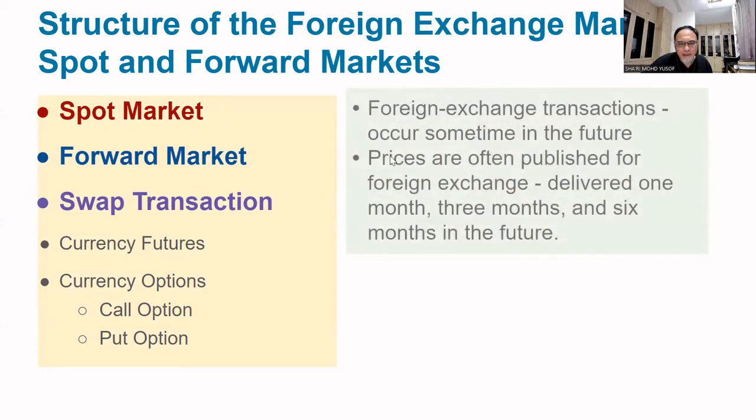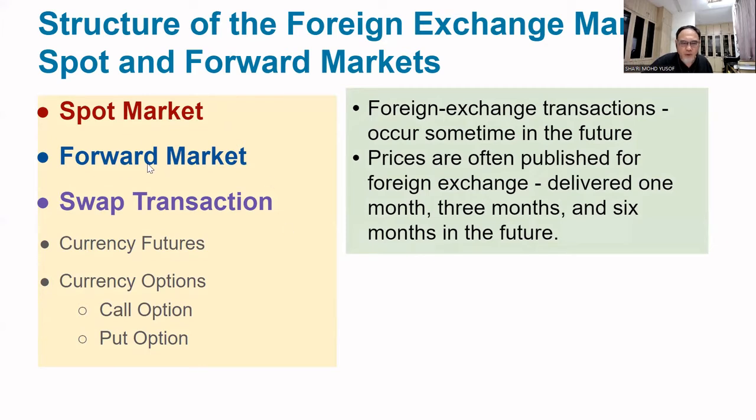The spot market is very, very easy, very clear. In the forward market, the foreign exchange transaction occurs sometime in the future, so prices are often published for foreign exchange. They publish forward prices, or forward values.